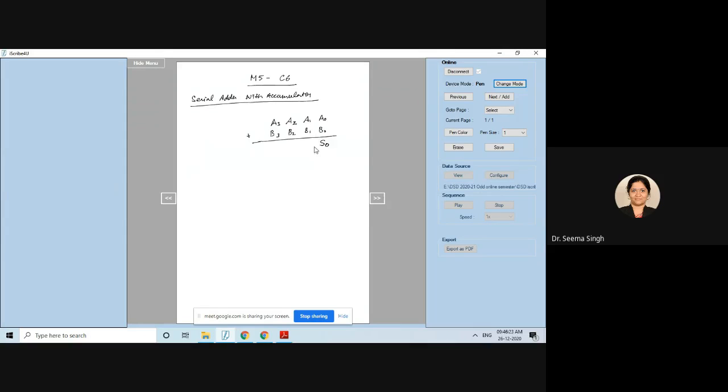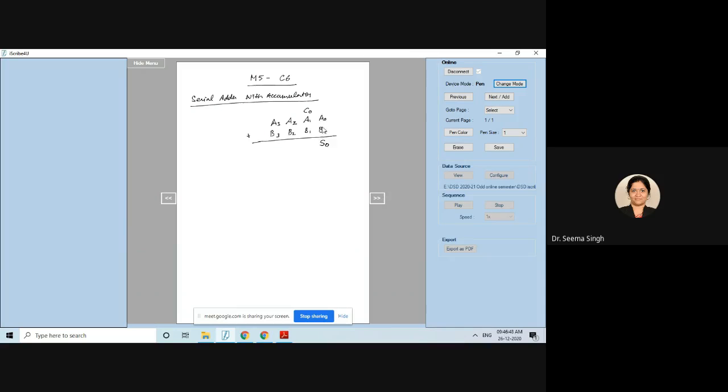We need to keep it safe, and after I get S naught, I do not further need this A naught and B naught. Once this S naught is created and once your C naught is created, we do not need any further A naught and B naught, and it can be deleted from my system.